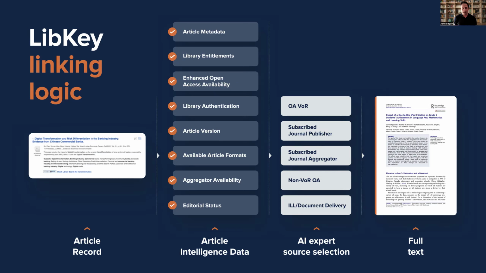For example, version of record versus an accepted manuscript, where you might get things from aggregators, and also editorial status. Has something been retracted? Is there an expression of concern about that article?